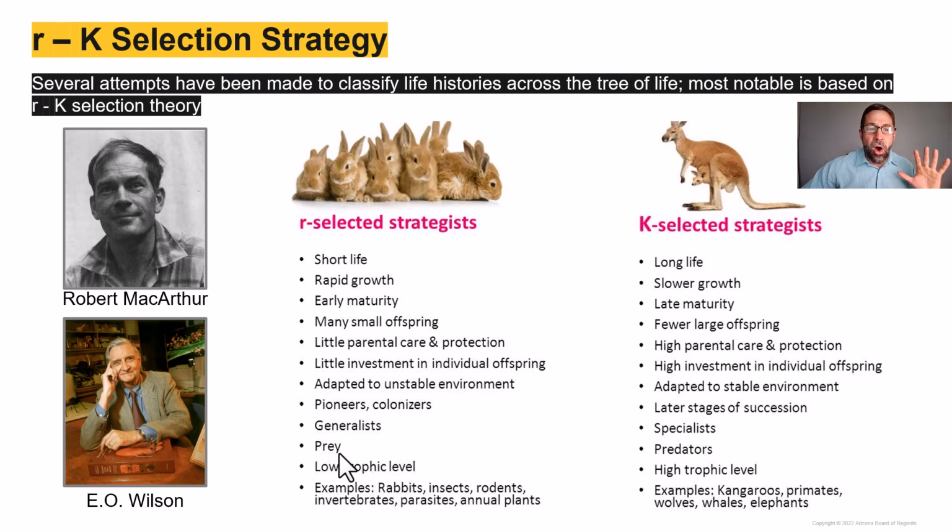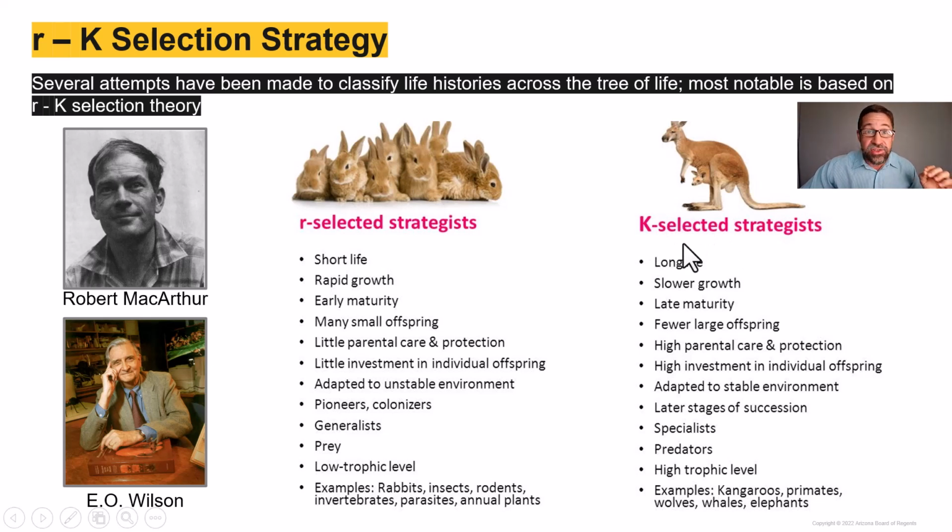So when you think about r-selected mammals, I want you to think about rabbits and rodents. Okay? Their populations tend to grow exponentially. Hence, they're considered r-selected species, but their populations never really tend to be impacted by density-dependent factors because they never really approach carrying capacity.